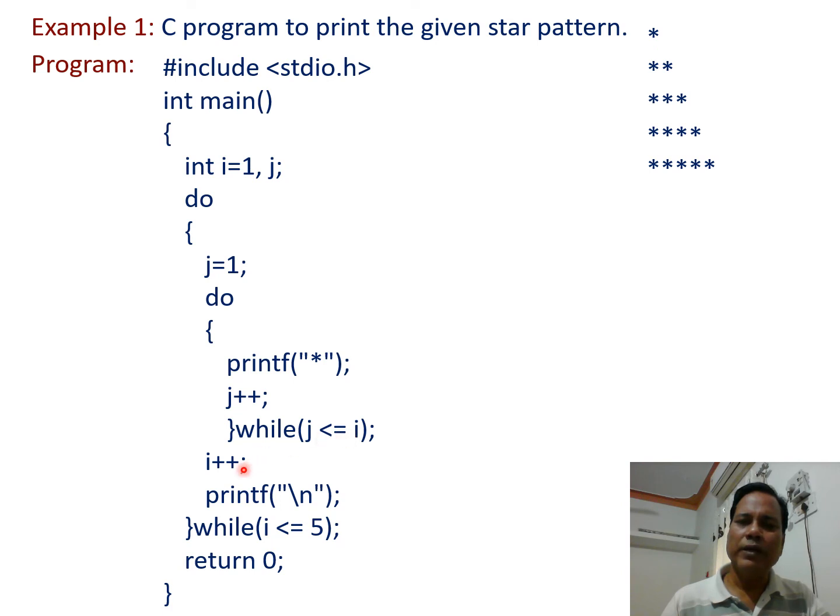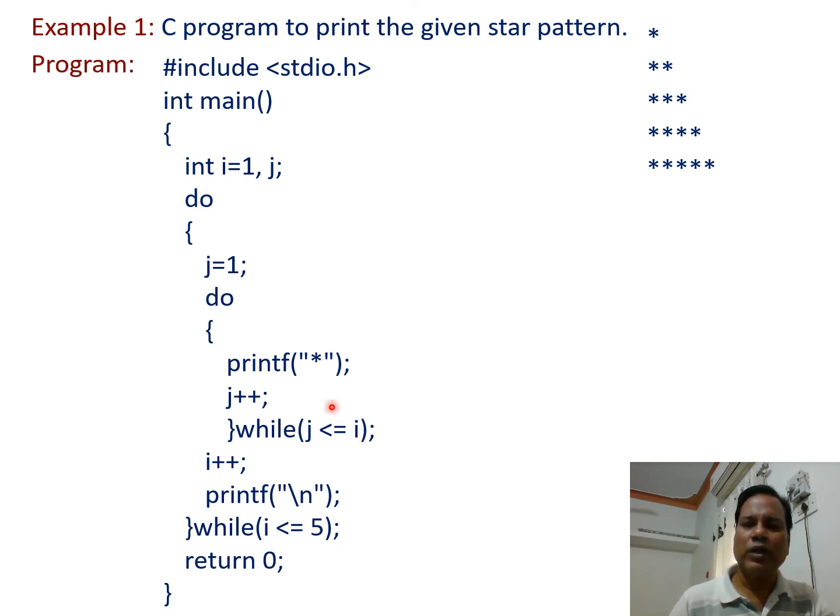So again body of the inner do while loop is going to be executed. So using the printf statement that is inside the body of the inner do while loop, another star gets printed, that is second star. Then again value of j is incremented. This time this value becomes 3. So in condition 3 is less than or equal to 2, that is false.